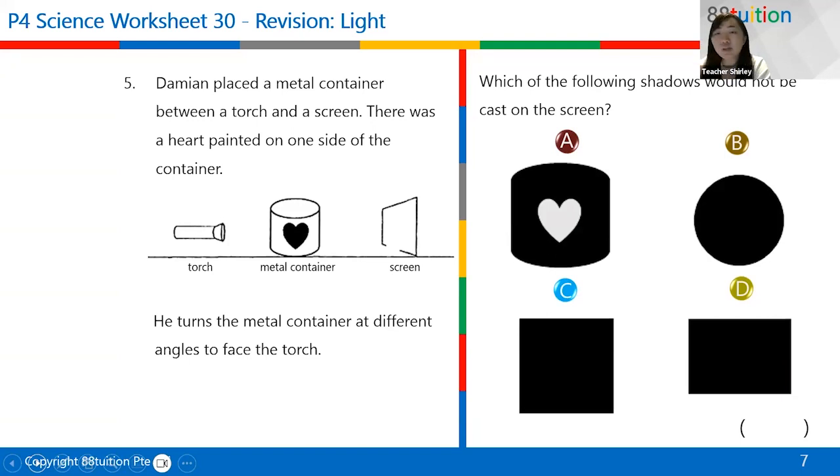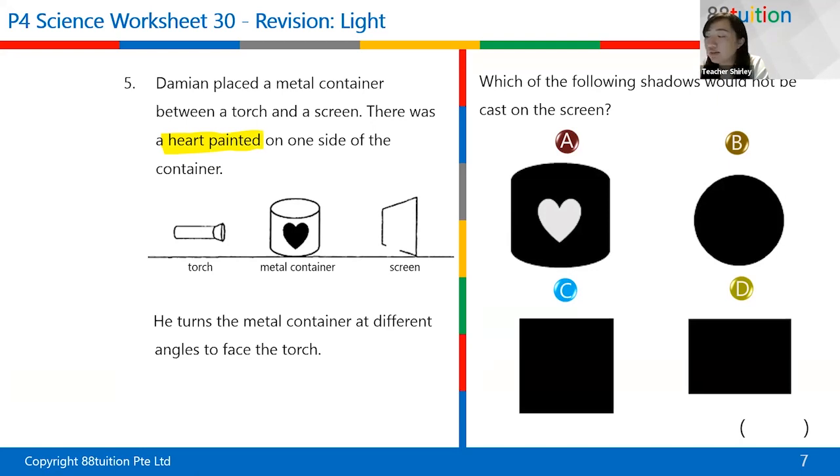Now, you do need to know that because the heart is painted, it's not a hole. If it's a hole, then it will form the shape of A. But because it's not a hole, it's just a painting on top, the container is still opaque. Opaque means it does not allow light to pass through.